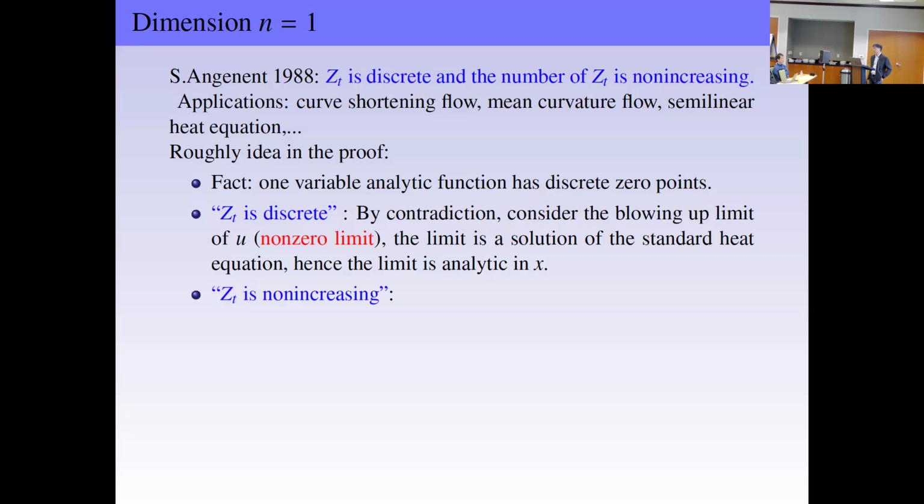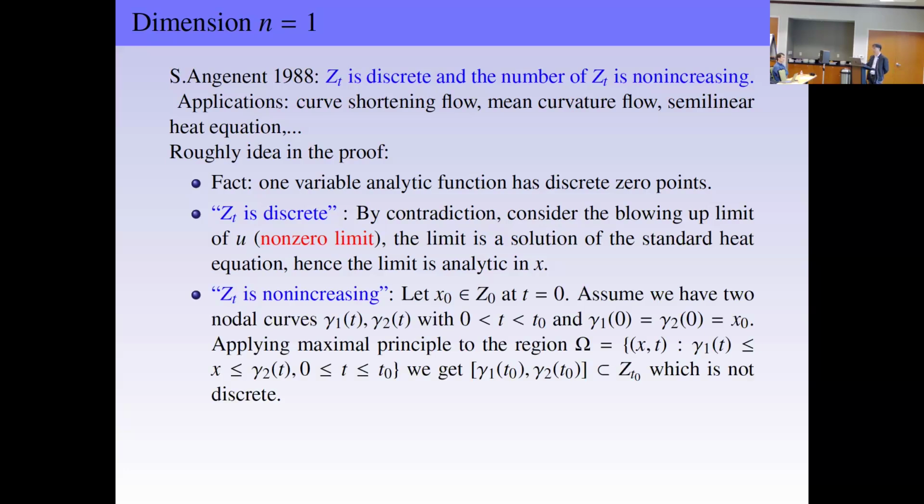To prove the nodal set is not increasing, we can also use a contradiction argument. We start at one point that is a nodal point. Arguing by contradiction, suppose this point splits into two nodal curves; we can draw a picture here. So this is t.